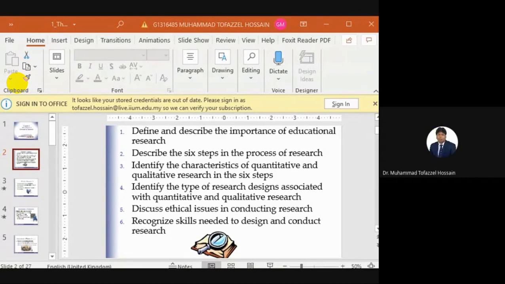Is it qualitative or quantitative? Sir, I didn't decide it. When you decide a topic, you have to decide the methodology also, right? Otherwise, how can you fix the topic?